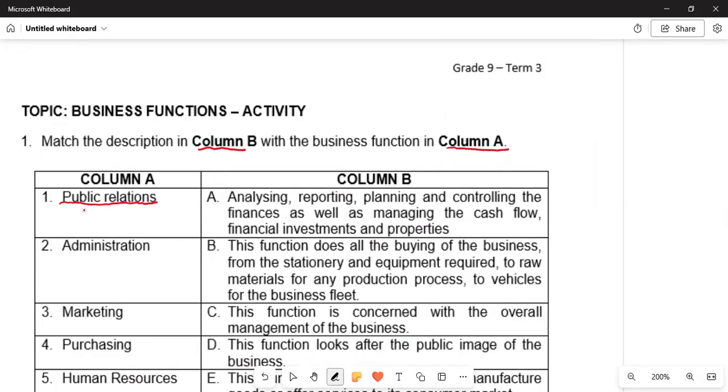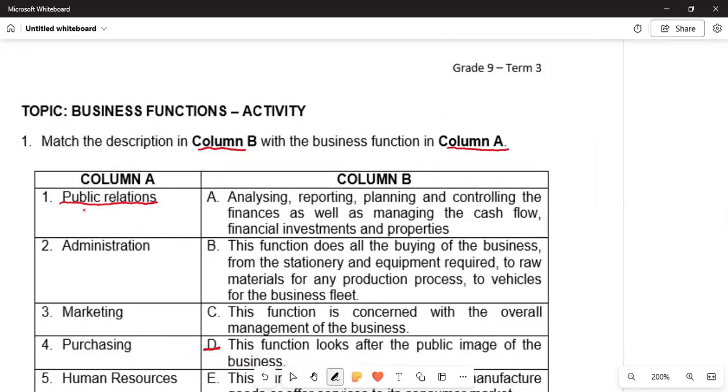So now let's see which one is going to match that. If we go for D, you can see that is a correct answer. Because when we talk of public relations, we are talking about trying to manage the company reputation as well as the image of the company. So this function looks after the public image of the business. So that is a correct answer.